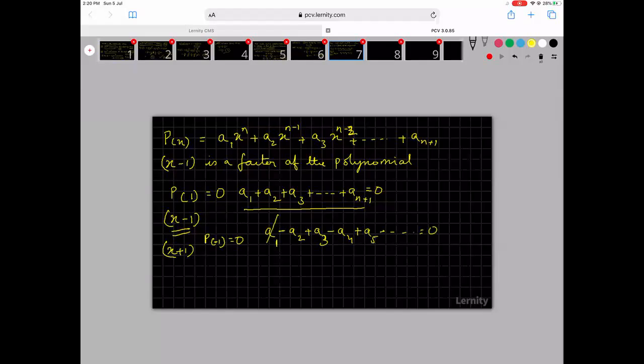That means the sum of the odd coefficients, that is a1 plus a3 plus a5 and so on, must be equal to a2 plus a4 and so on. The only thing that you have to be careful about is whether n is odd or even. Can you make notes of these two?